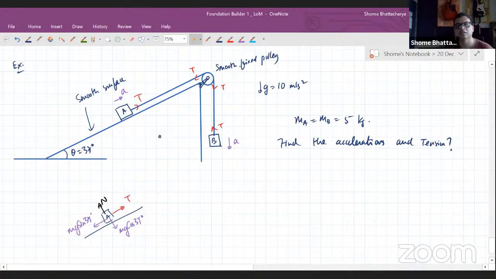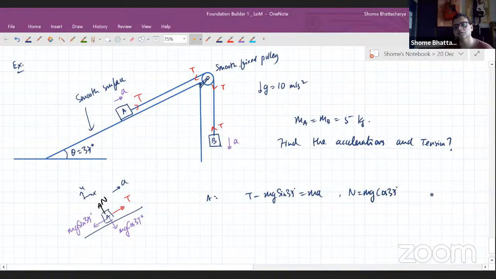Normal reaction acting like this, and the acceleration of the block along the inclined plane. So for the block A, we'll have to take x and y axis like this. So we have T minus mg sin 37 is equal to ma, and normal reaction is equal to mg cos 37, and of course m is equal to 5 kg for both the blocks. So this one is the more significant equation, equation 1.